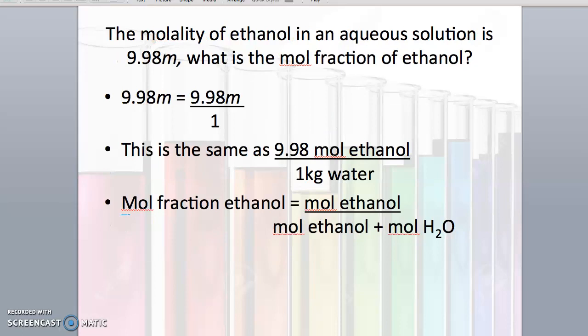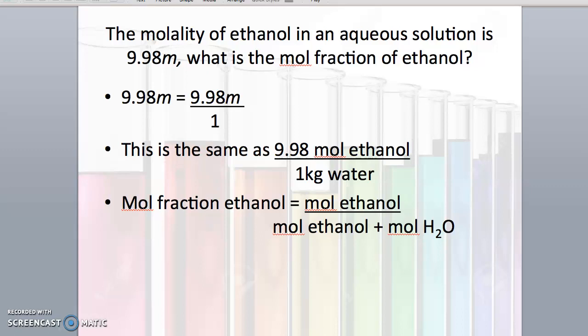Let's try one more. This one we have a molality. Molality is the odd one because the denominator is just kilograms of solvent, not solution like most of them. But we'll get there. The molality of ethanol in an aqueous solution, again in water, is 9.98 molal. What's the mole fraction? Well, I can take that 9.98 and put it over 1, but it's smarter to get away from that lowercase m and write out the units.